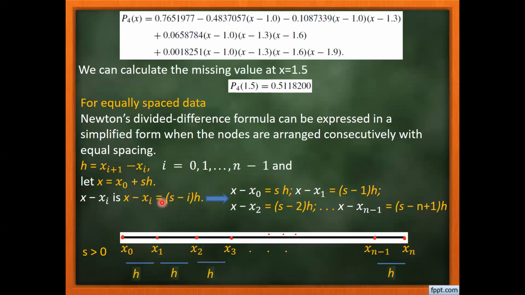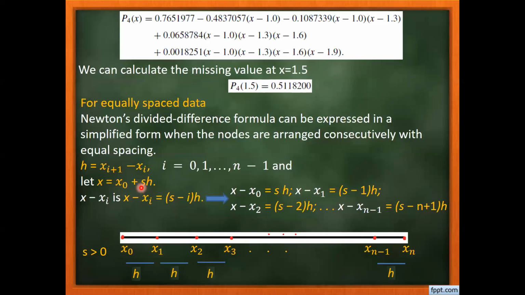Now, we know that all these nodes are equally spaced and we know the function value at each of these nodes. But x is not necessarily an integral multiple of h. x might be somewhere in the middle of x0 and x1 because it might be an unknown value. Now, if this s is an integer, this means that x is actually one of the nodal points.